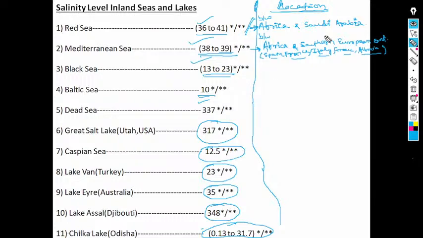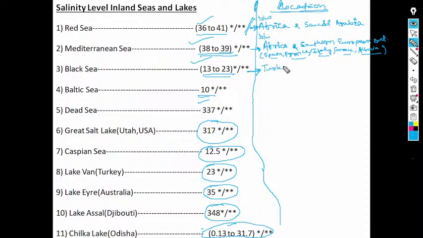Then if we see the Black Sea, open this map of the Black Sea.